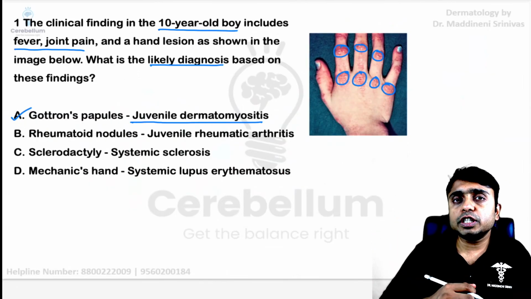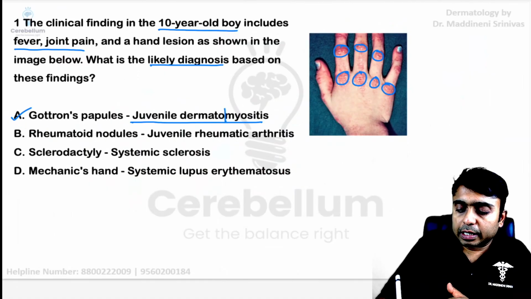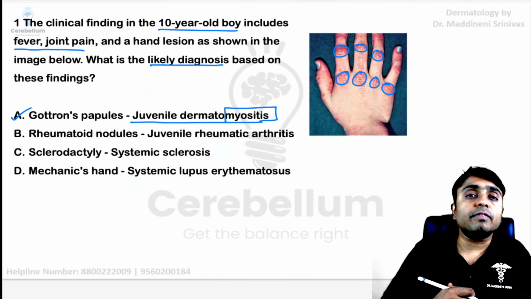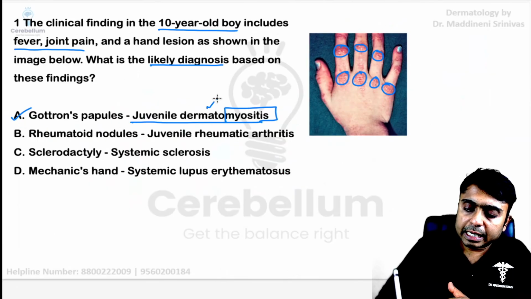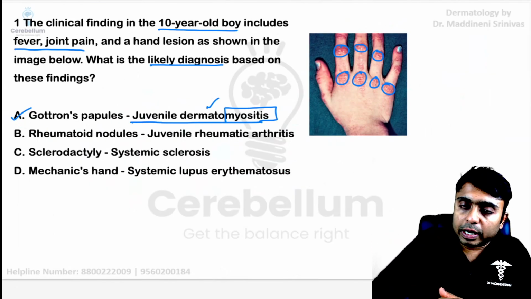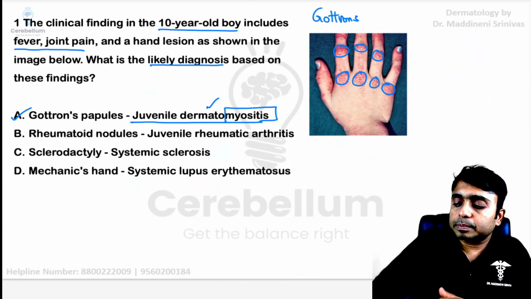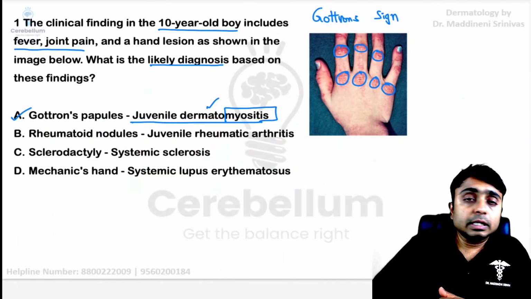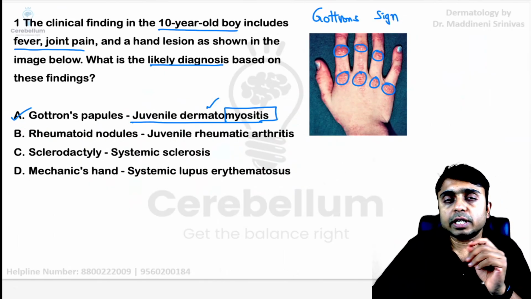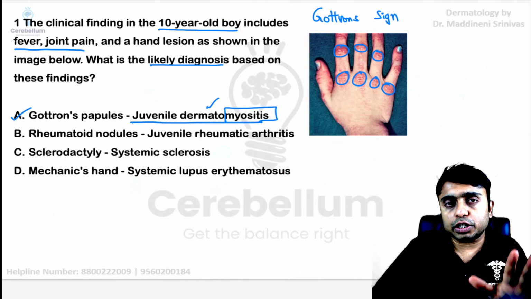What is the muscle feature? Myositis. So these patients are going to have a proximal myopathy, proximal muscle weakness will be there. And dermatologically, what are the various lesions which they can have? One is Gottron's papules, which you are able to see here, and the other is Gottron's sign, in which just violaceous macular erythema will be present at the same site, but there will not be any papular lesions.